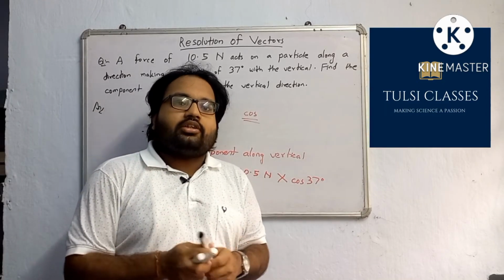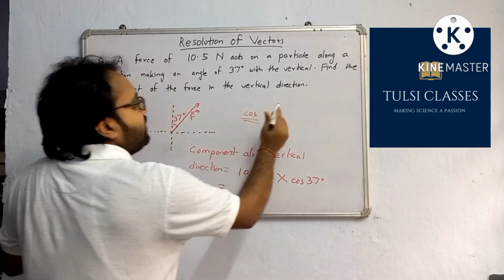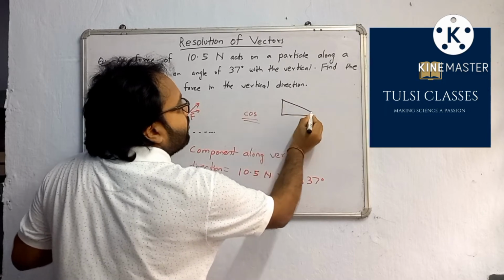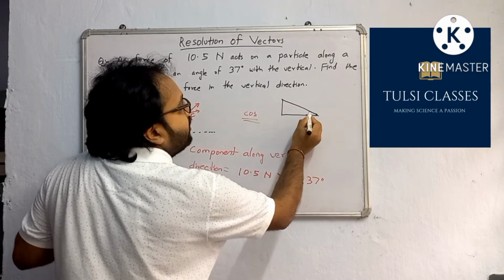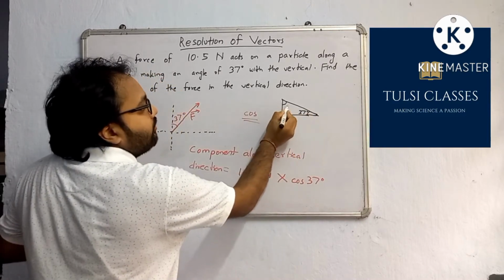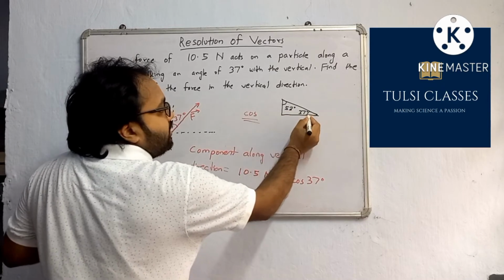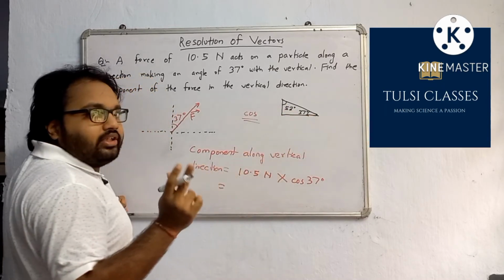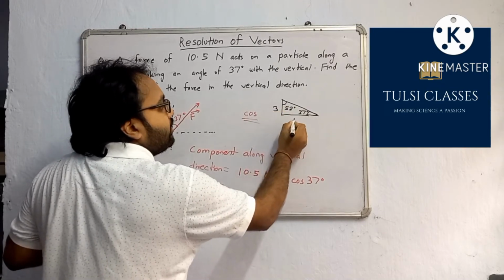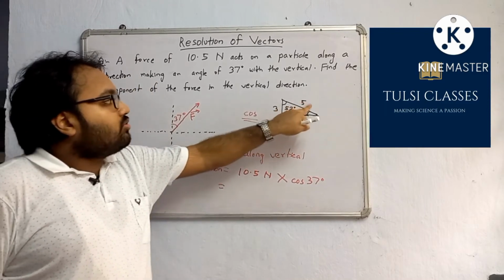Keep in mind that the value of cos 37 degree will never be given to you, because it is easy to remember and the examiner thinks it is standard and the candidate will remember it. If this is 37 degree in a right angle triangle, the other angle will obviously be 53 degree, and the sides are in the ratio 3:4 with hypotenuse 5 units.